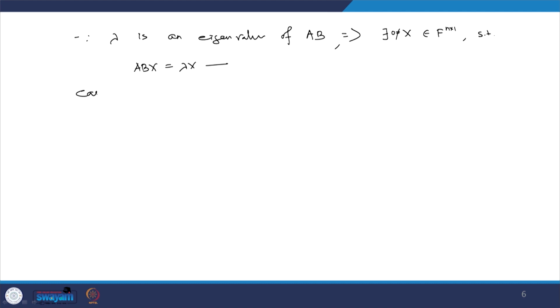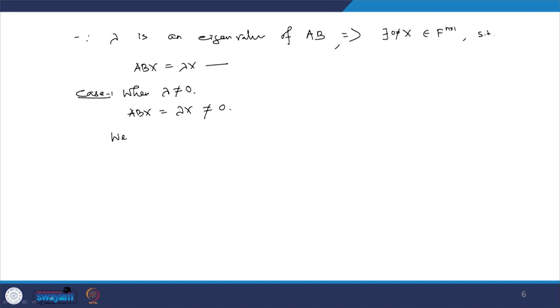Case 1, when lambda is not equal to 0. Lambda not equal to 0 means ABX equal to lambda X is not equal to 0, because X is not equal to 0 and lambda is not equal to 0, so lambda X is not equal to 0.